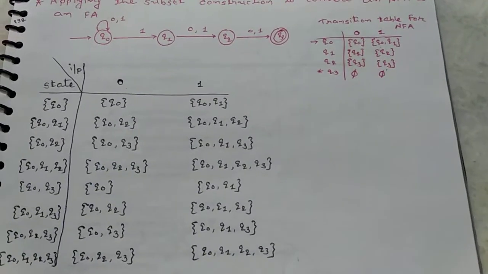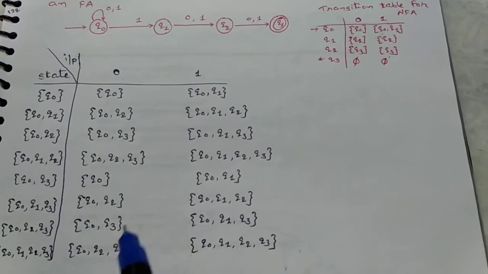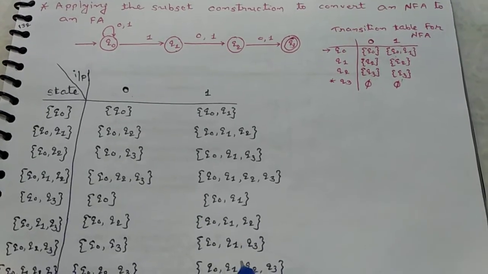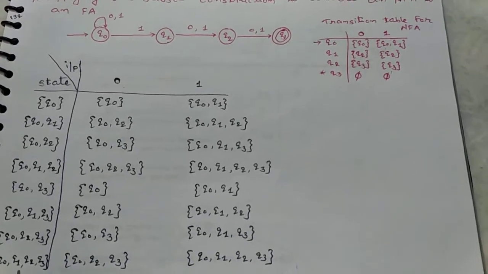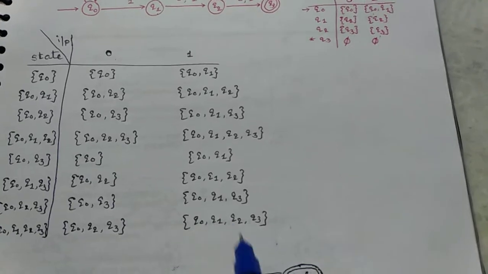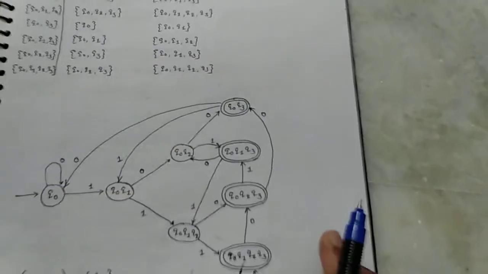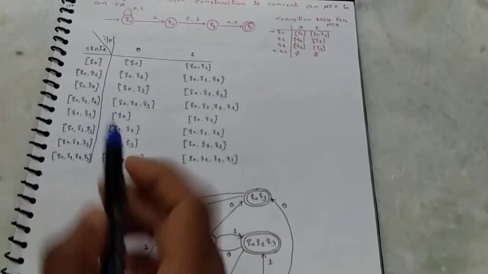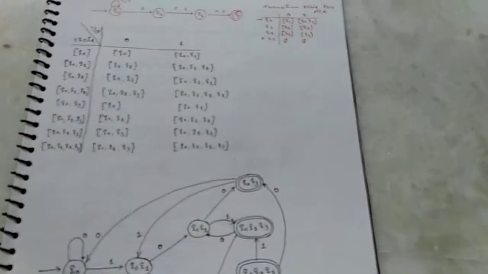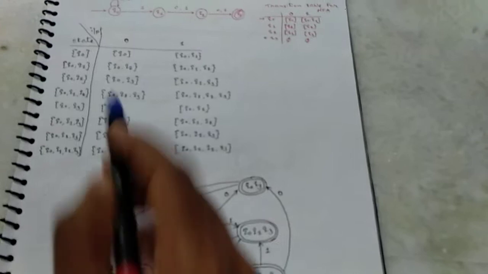This procedure continues until you find no new state. When there is no new state, at that time you have to draw the automata. First, starting at Q0: Q0 on 0 you reach Q0, and Q0 on 1 you reach Q0, Q1.